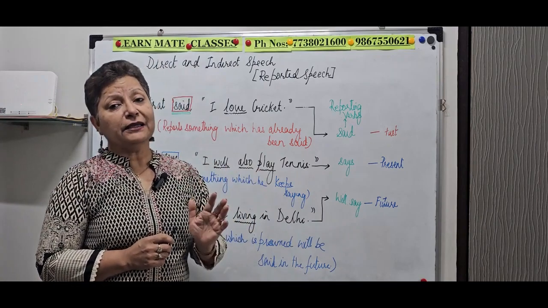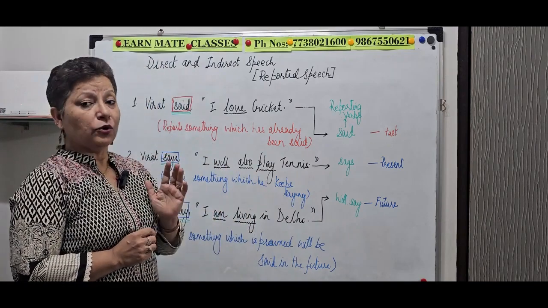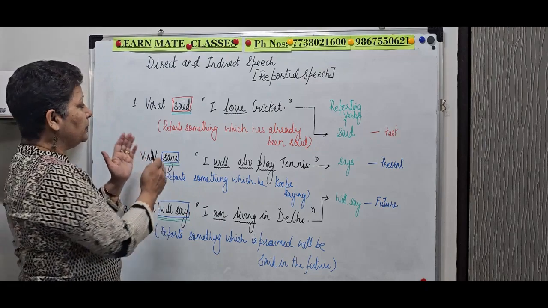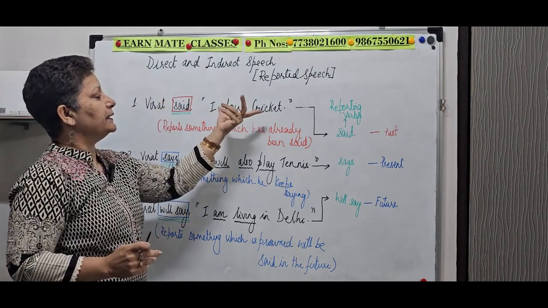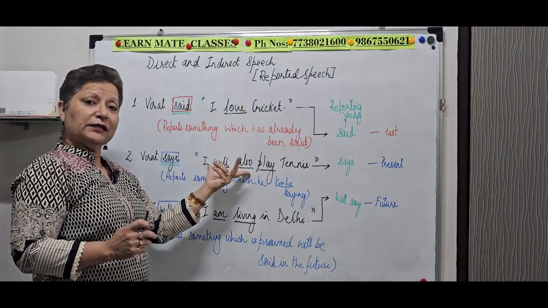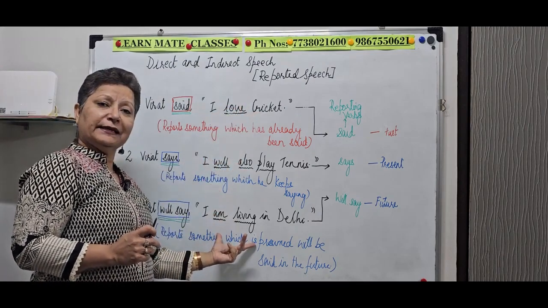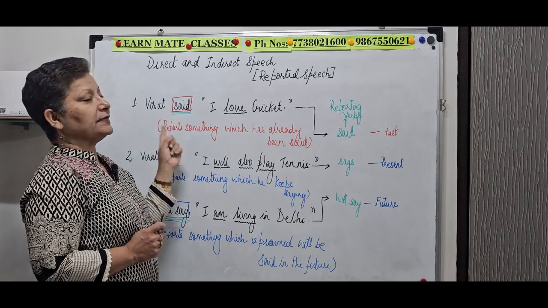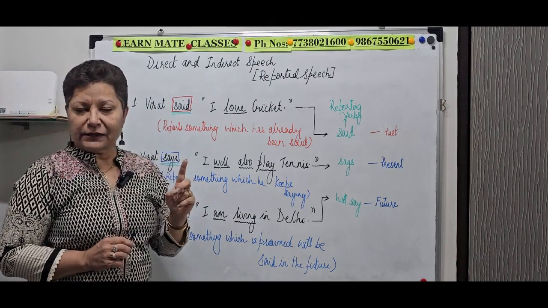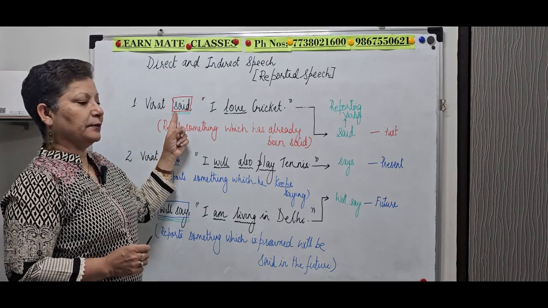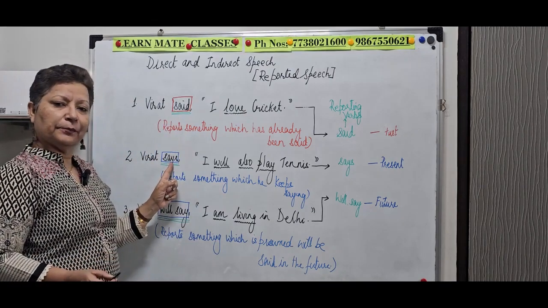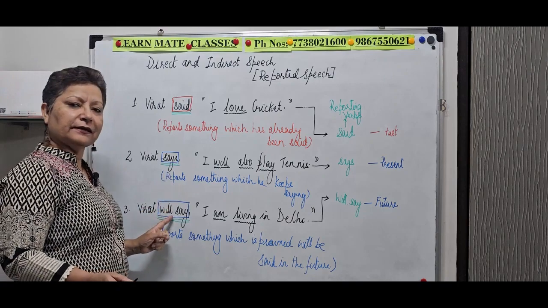So right in the beginning, we need to understand what we mean by reporting verb. This is the reporting that this particular thing has been said or is being said or will be said. So please keep in mind the tense of the reporting verb. In the first case, it is in the past, here it is in the present, and here it is in the future.